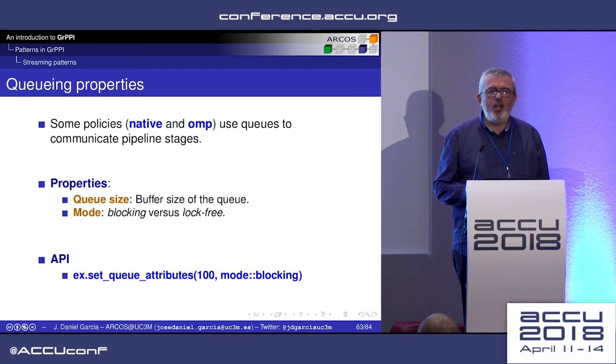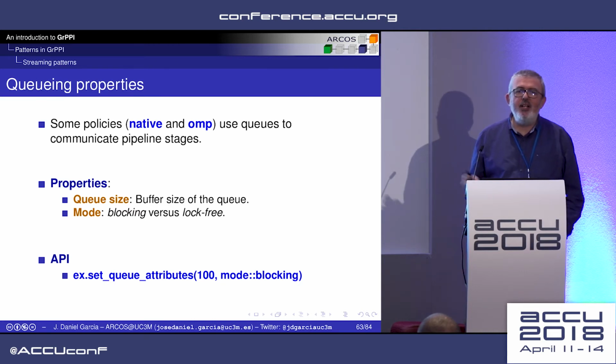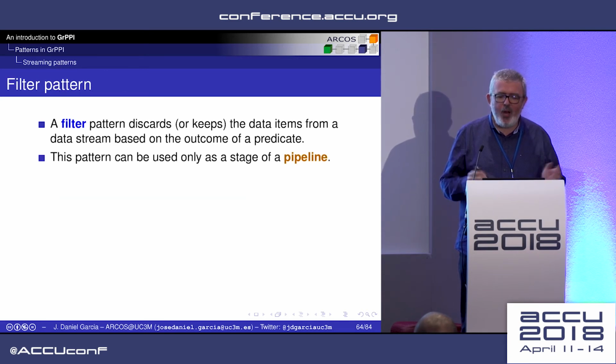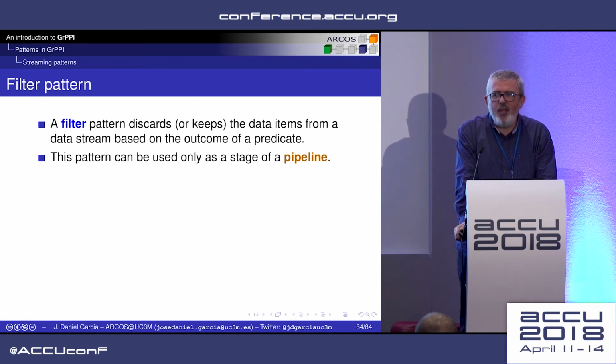Another operator that we added is a filter. A filter is something that is going to discard or keep some data items while the rest are gone, and this is based on a predicate. This is something that I can put as a stage of a pipeline.